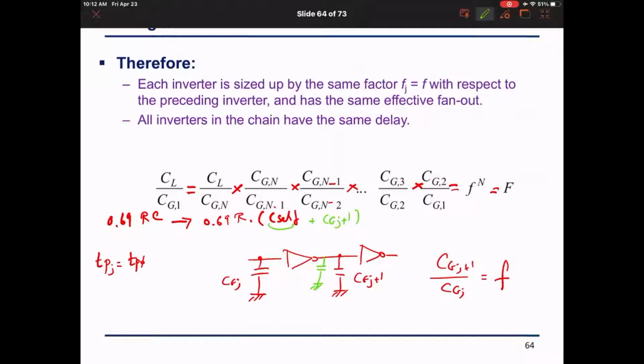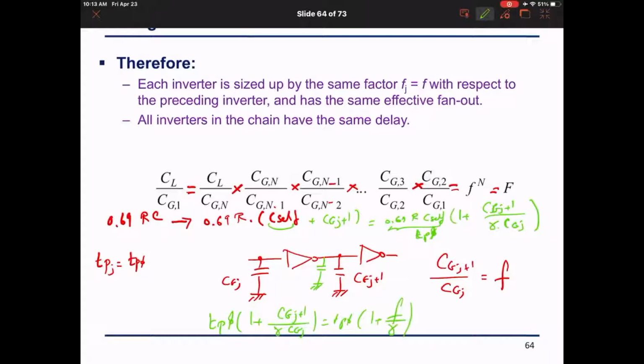Then we said we'll take 0.69 R times C self, which we called TP0, and it does not change no matter how big the circuit is, into 1 plus C external, meaning that instead of C self I put the sum of CGJ. So we called it TP0 into 1 plus CGJ plus 1 over gamma CGJ, which is TP0 into 1 plus F over gamma, where F is this ratio CGJ plus 1 over CGJ.